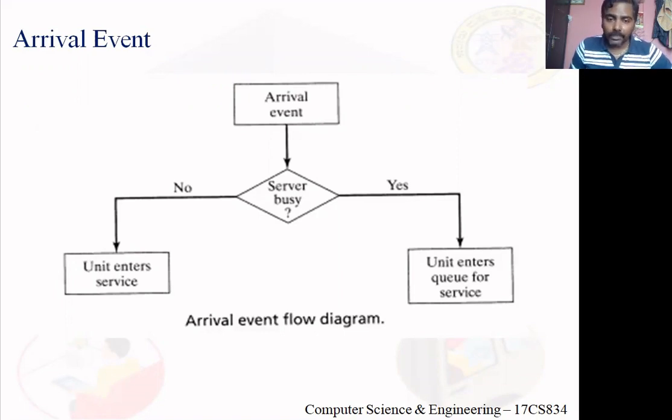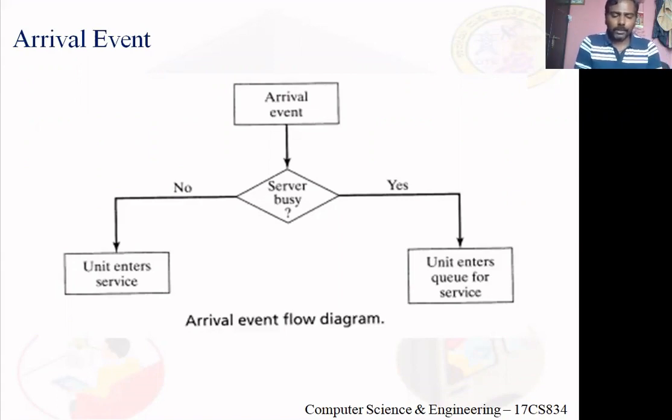Now, if the server is idle, this new customer who arrived will enter service. When I looked at the status of the server and found it idle, the new customer will enter the service.